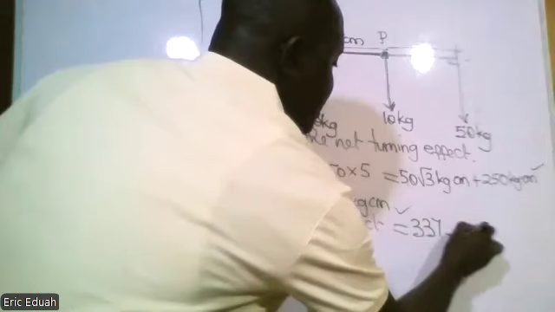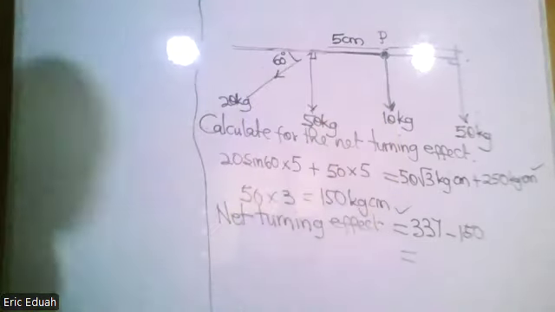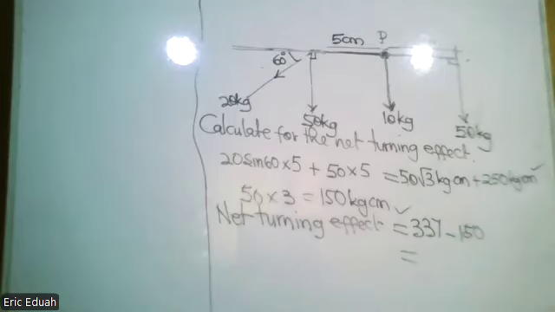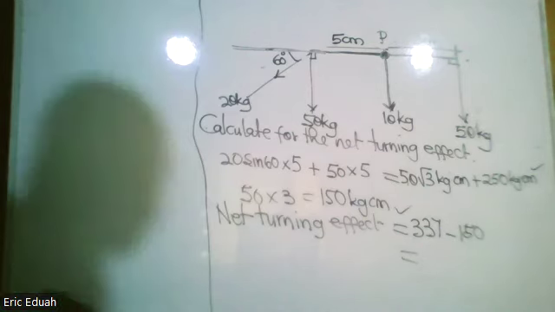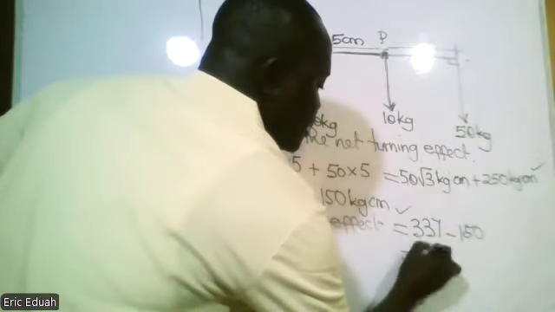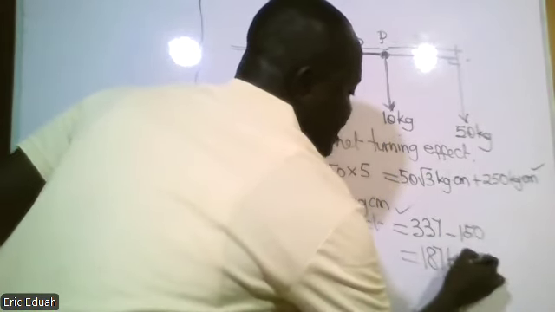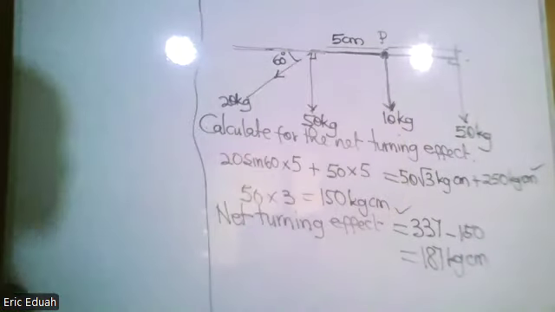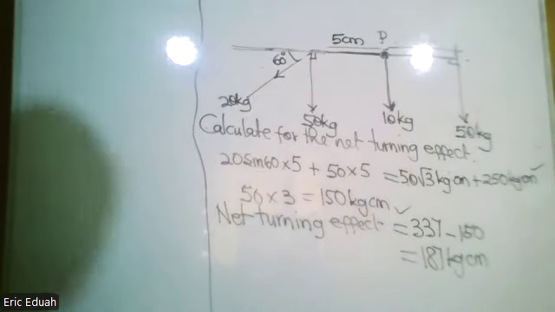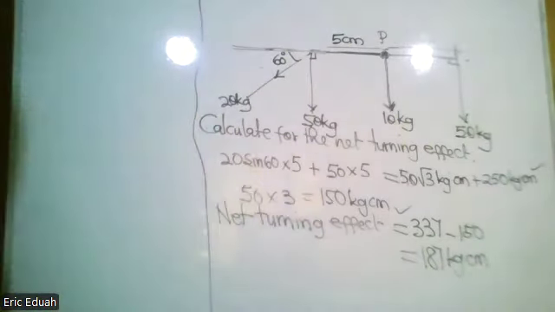Minus 150. So approximately 187 kilogram centimeter is the net turning effect. So this is what we mean by net turning effect.